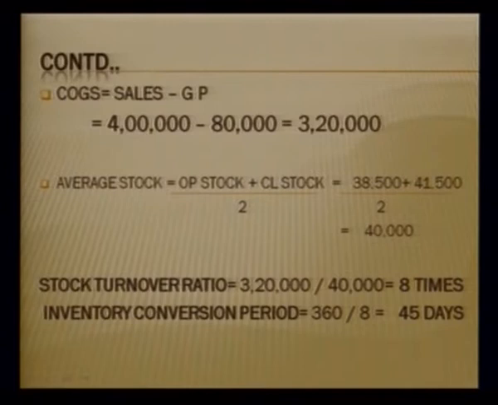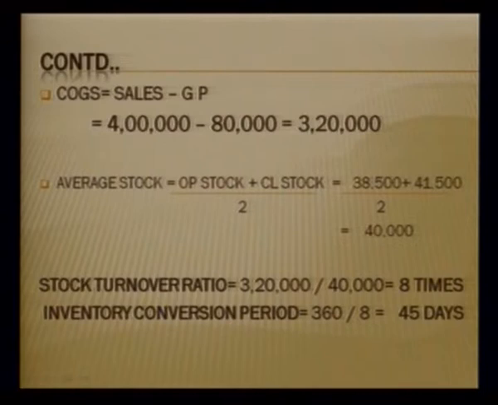So COGS gives us rupees 3,20,000. Average stock is opening stock and closing stock, and both are defined in the illustration. So we take the average of these two figures, which turns out to be 40,000. So the stock turnover ratio becomes 3,20,000 upon 40,000. That means the answer is 8, or 8 times.